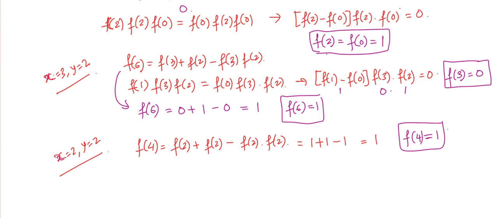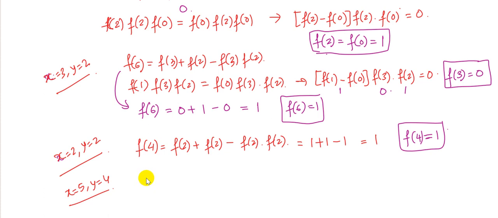Now we are left with f of 5. So for that we put x equal to 5 and y equal to 4 in the second equation.